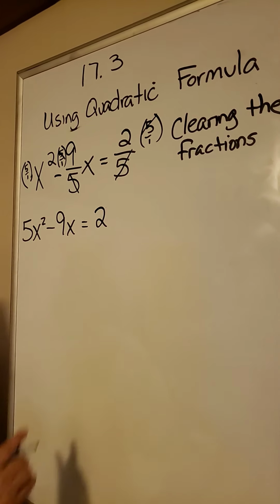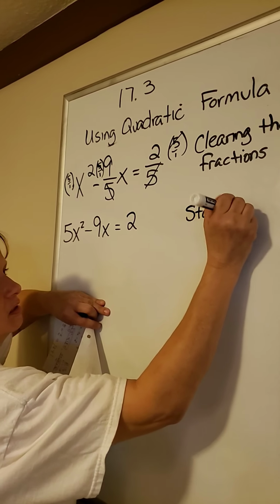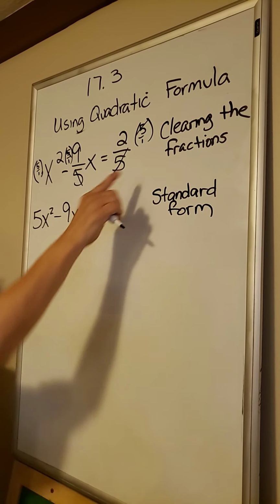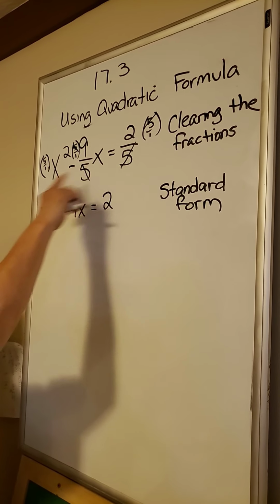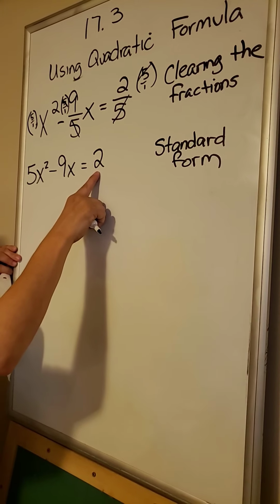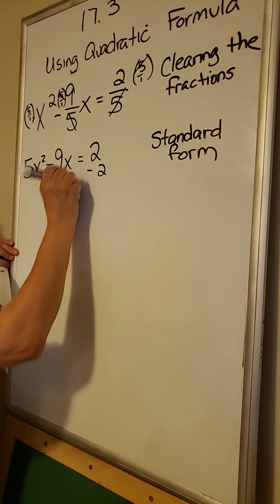So we're going to go ahead and put it in standard form. So clearing the fractions, finding something we can multiply each one by. Once we've cleared the fractions, we got to put it in standard form. It's not in standard form because 2 is on one side by itself. So we got to put 2 on the other side.